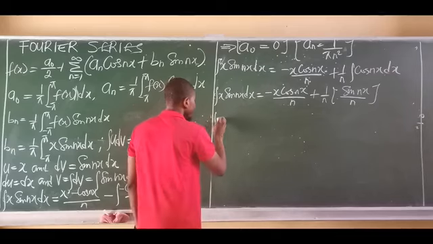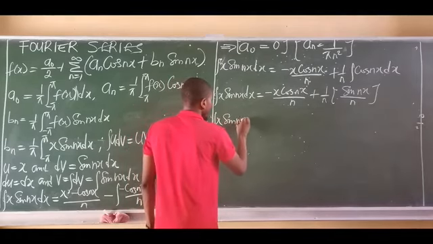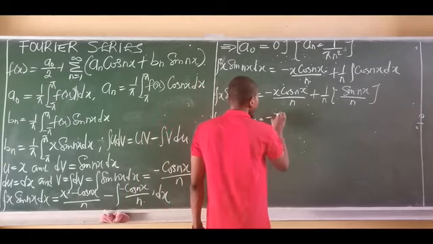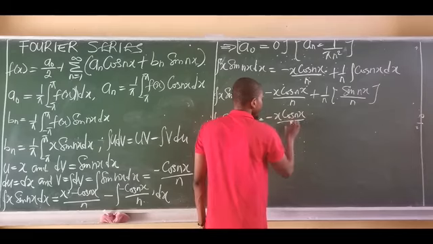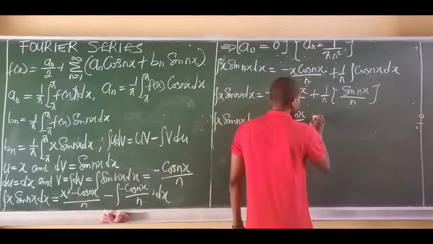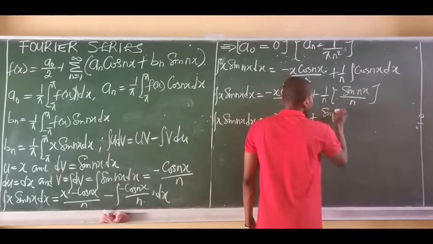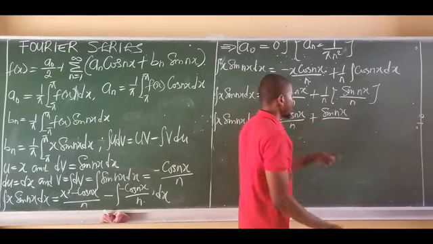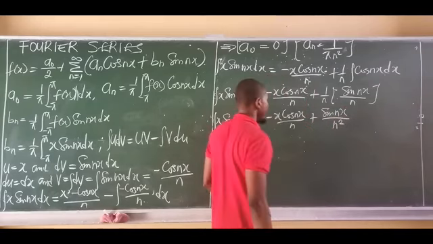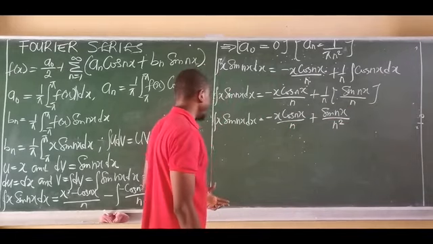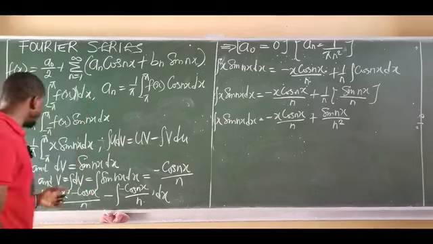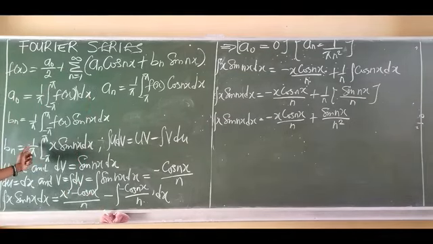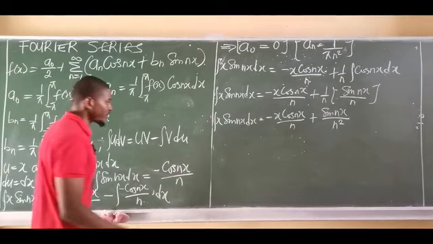So the integral of x sine nx dx is now equal to minus x cos nx all over n plus sine nx all over n times n, which gives n all squared. Like I said earlier, this is just the integral without the limit minus pi to pi and without the constant 1 over pi outside. Whenever we effect this limit and constant, that automatically becomes b_n.